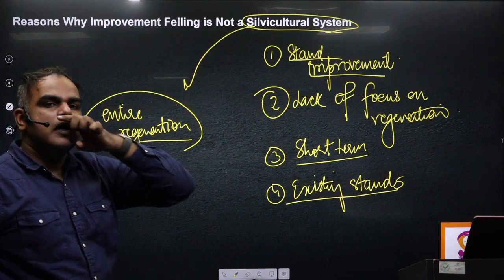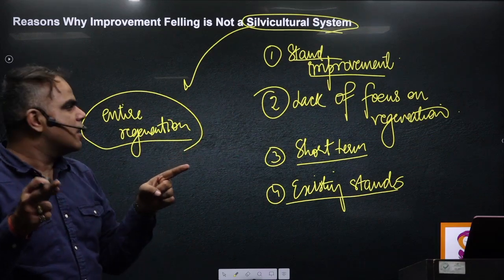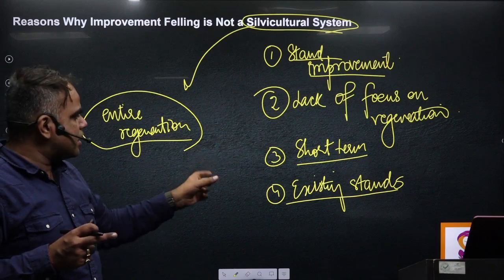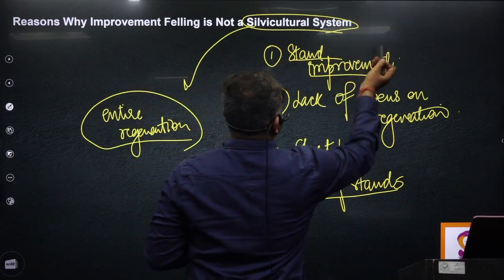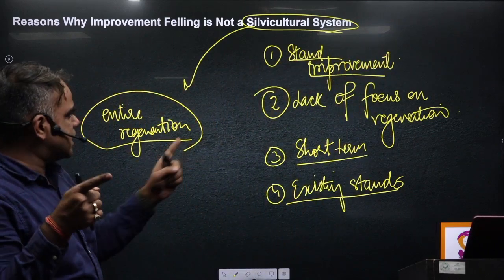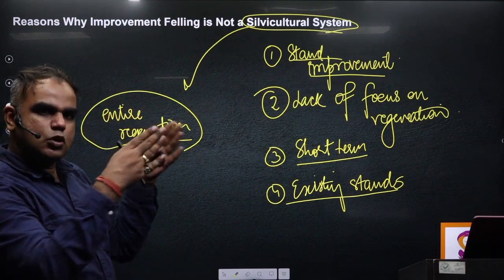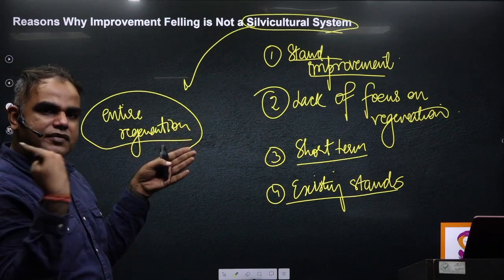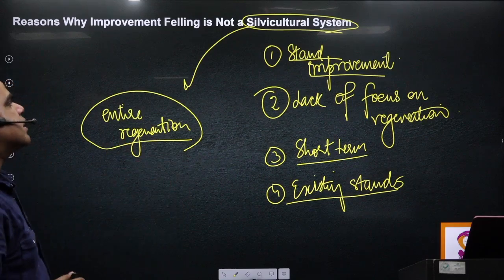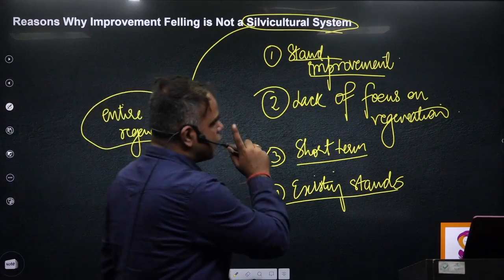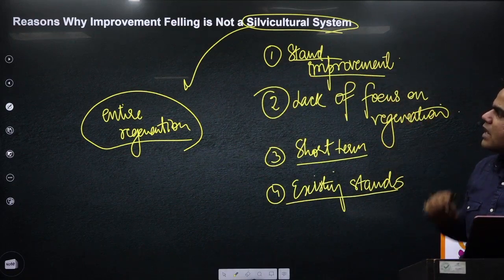Why? Because it is focusing on stand improvement, it is not focusing on the entire regeneration, it is very short term, and it is focusing on existing stands, whereas silviculture systems focus on the entire process, are long term in nature, and focus on both the existing as well as the new stands. In fact, when it talks about the entire life cycle, it will talk about both these things. This question has been repeated many times, so keep a note of how you would write this particular part. Okay, so that is one.